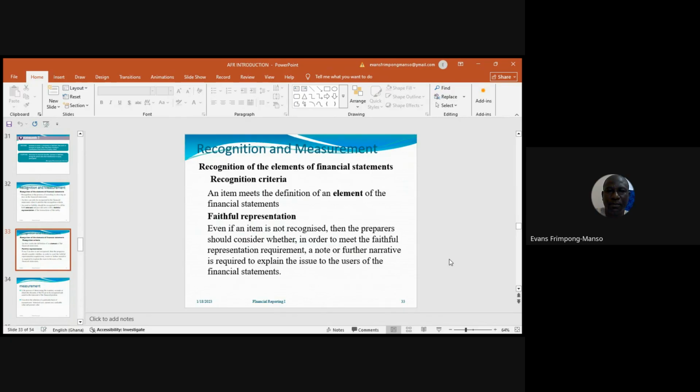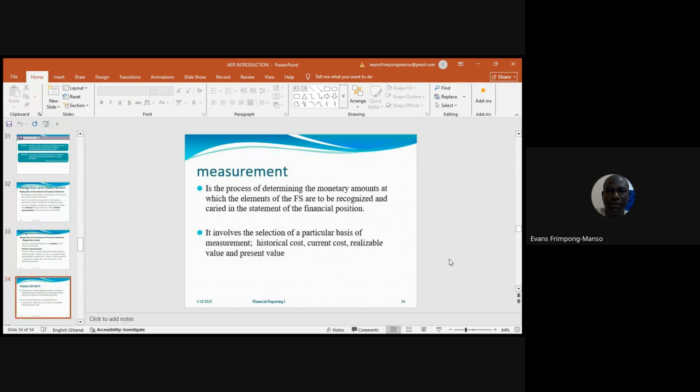This one I've talked about. Very good. So measurement is the process of determining the monetary amount at which the elements of the financial statement are to be recognized. That's why I said, at what amount are you going to record it?